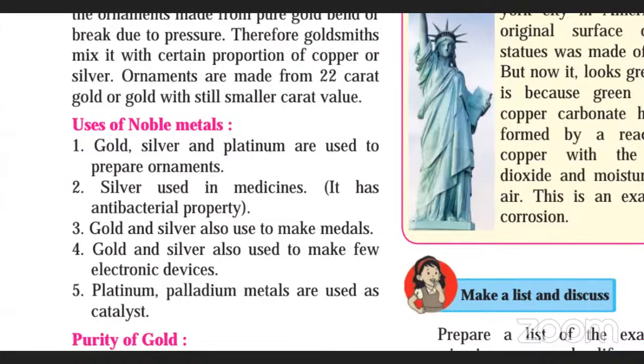Silver is also used in medicines, and silver is used in foodstuffs. You might have seen that some sweets have a silver foil or gold foil on them, right? Especially sweets.